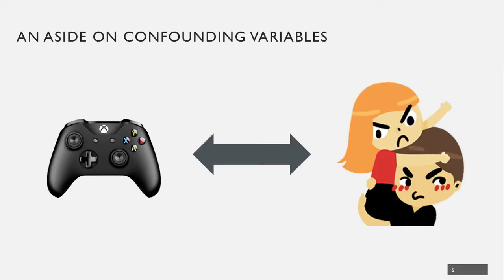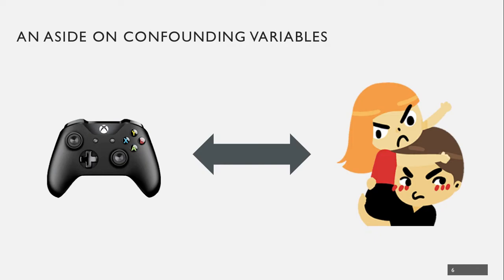So let's talk about confounding variables. There is a relationship in research between violent video games and aggression. The problem is that there could be a variety of confounding circumstances or variables, confounding variables.